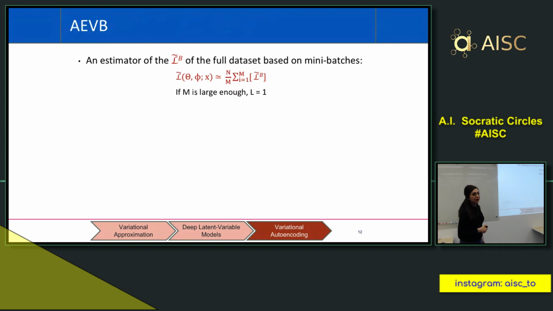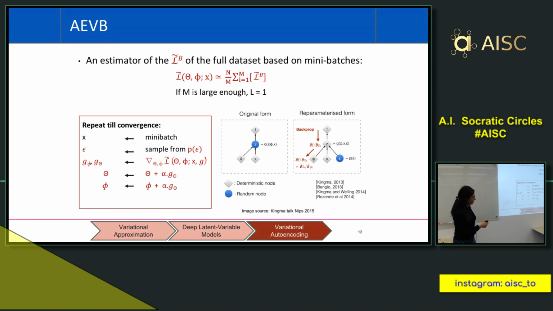So the idea of putting in the deterministic function is that it helps us know what the sampling outcome will actually be. I'll show you a very nice picture that I took from the Kingma talk for NIPS 2015. It explains why.